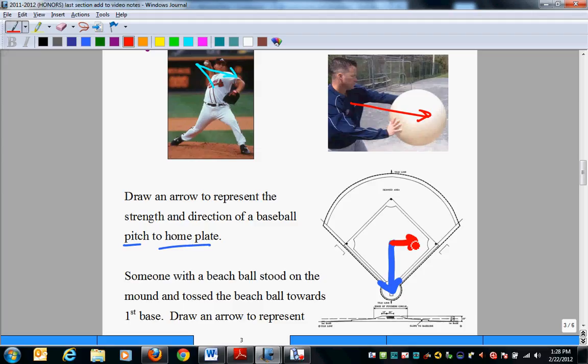So the blue arrow represents the baseball vector being pitched across home plate. The red arrow represents the beach ball vector of the ball being tossed towards home base, but not making it because it doesn't carry as much force. Those are vectors. Vectors have both force, which would be called magnitude, and direction.